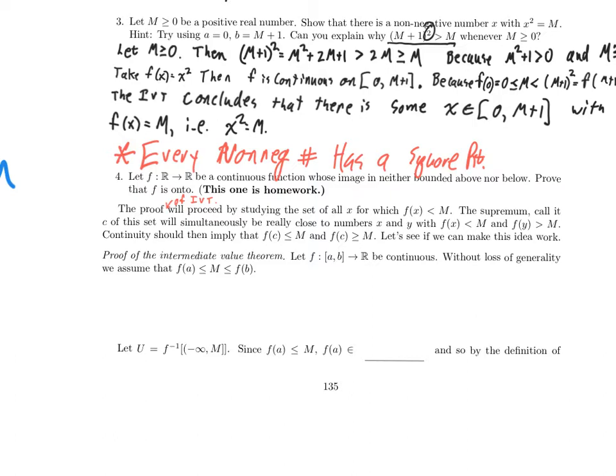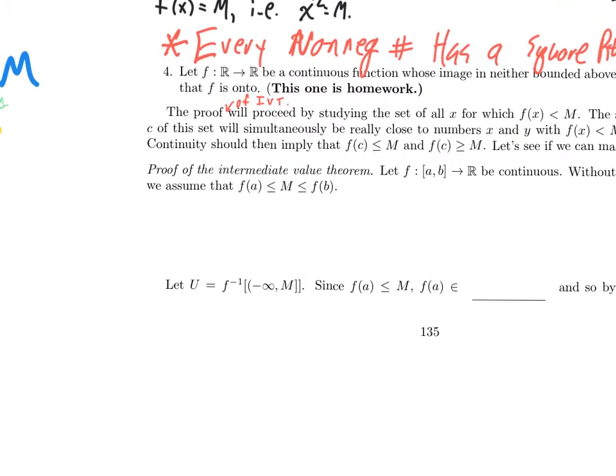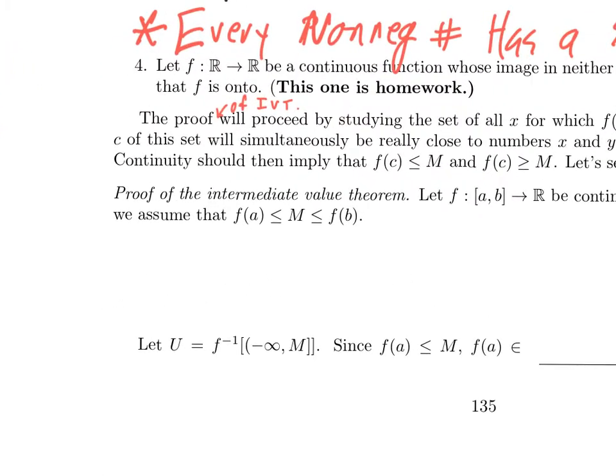So let's let f from a to b to R be continuous. Without loss of generality, let's assume that f of a is less than or equal to m is less than or equal to f of b. Of course you can do that. Let's define U to be f inverse of negative infinity to m. So let's unravel what this set is.